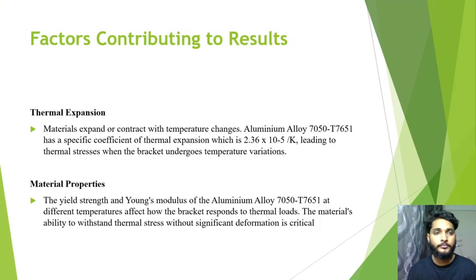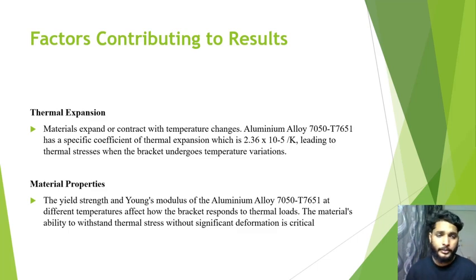Next is the discussion, on the factors contributing to the results. Thermal expansion: materials expand or contract with thermal changes. Aluminium alloy 7050/T7651 has a specific coefficient of thermal expansion, which is 2.36 × 10^-5 per Kelvin, leading to thermal stress when the bracket undergoes temperature variation.